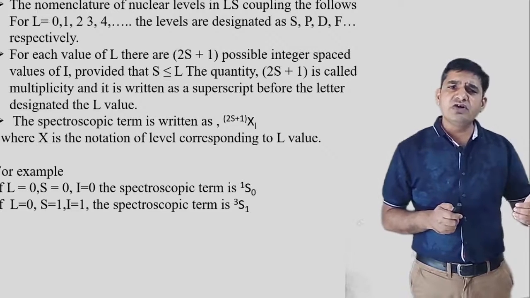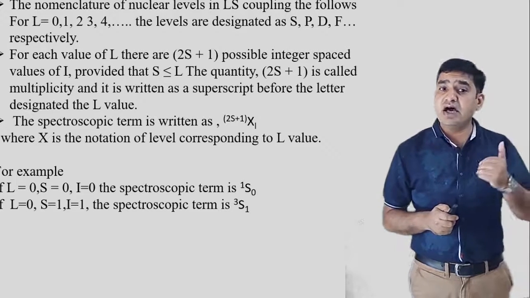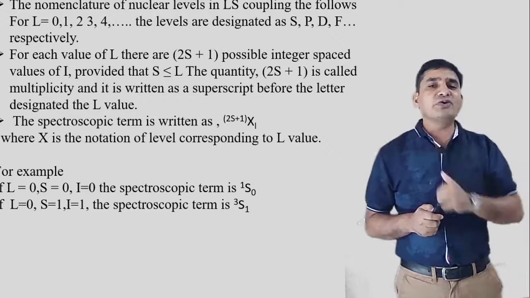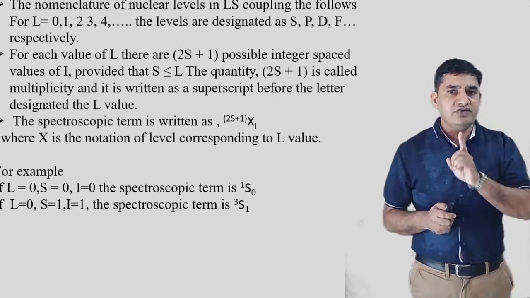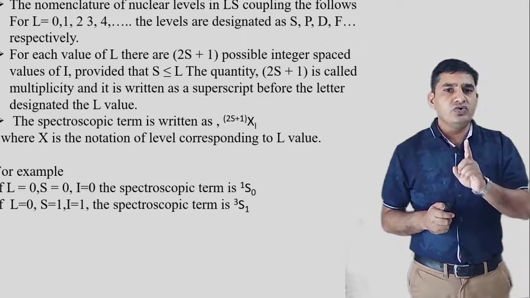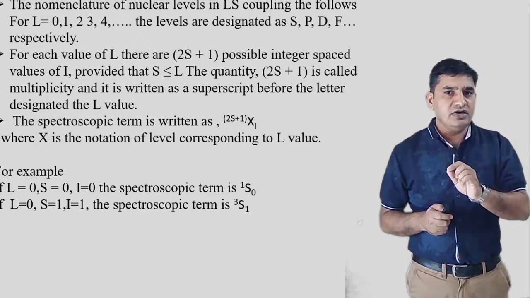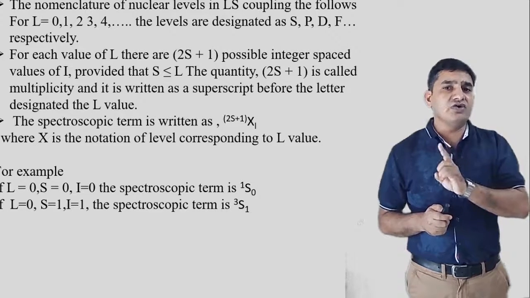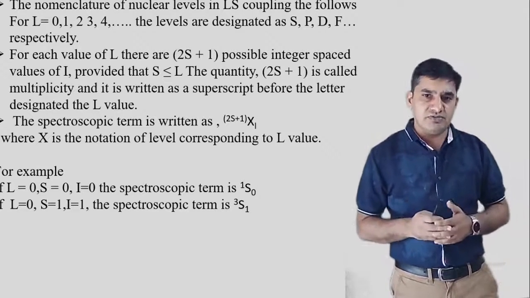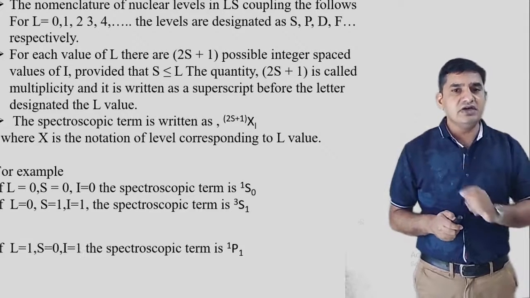Similarly, if L is equal to 0, S is equal to 1, and J is equal to 1, then the spectroscopic term is 2S plus 1, that is 2 into 1, that is 2, plus 1, it is 3, and J is equal to 1, and therefore the spectroscopic term is 3S1.